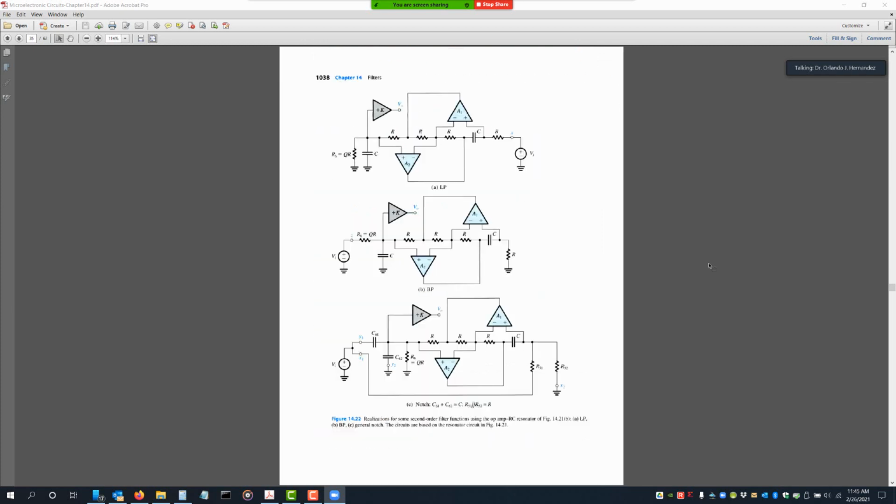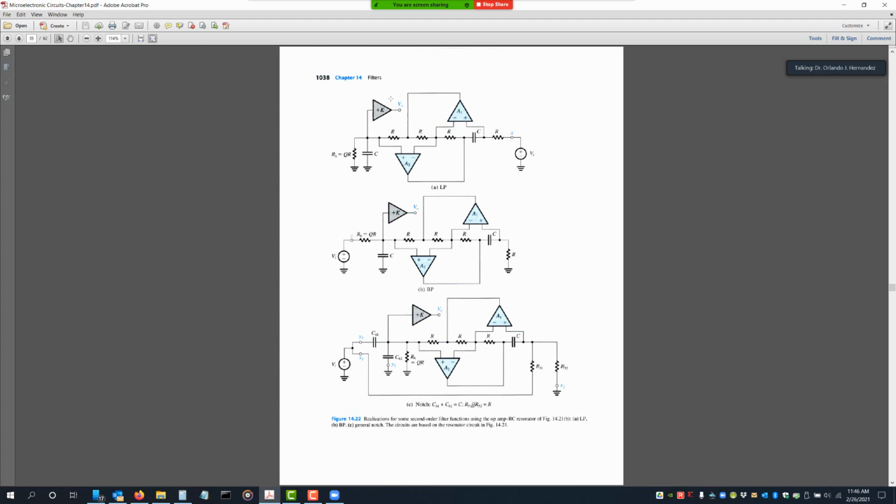Depending on where you take the output, which is equivalent to how you place the impedance for the zeros in the resonator, you get different types of filters, like a voltage divider. For example, the first one will give you a low pass if you take the output from here, and we just throw in some type of scaling factor.